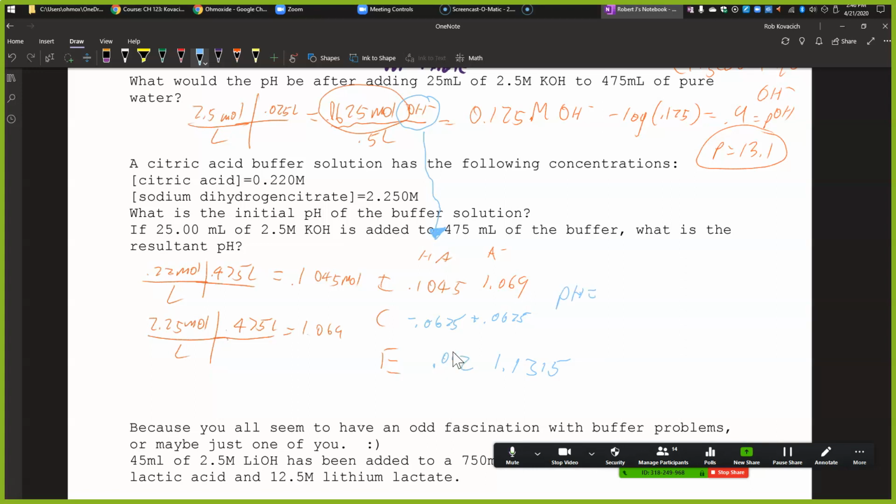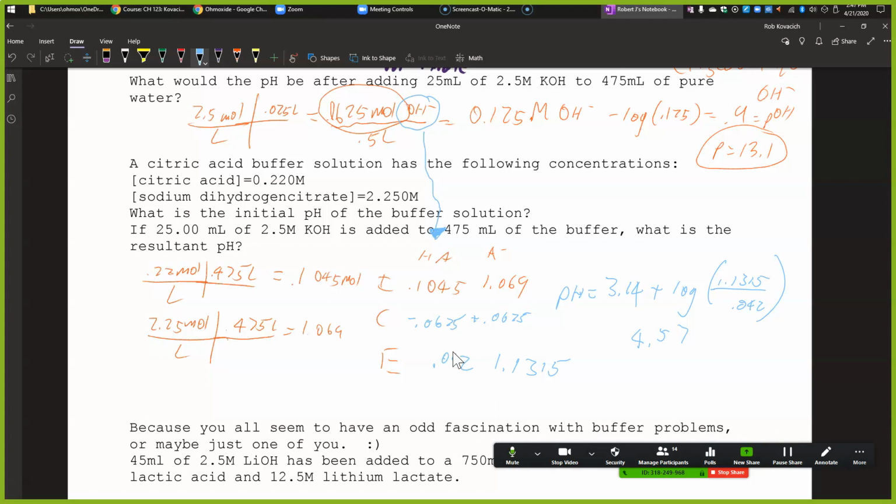All right, so pH is equal to the pKa, 3.14, plus log of 1.1315 divided by 0.042, close parentheses, equals 4.57.